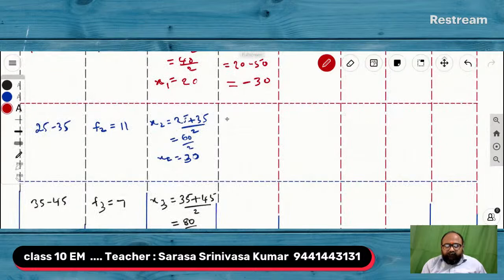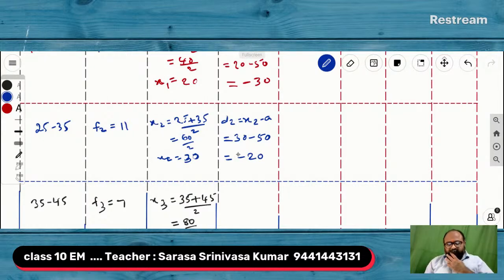Now we calculate d2. d2 equals x2 minus A. x2 is 30. 30 minus A, it is 50. 30 minus 50 equals minus 20. So we calculated d2.